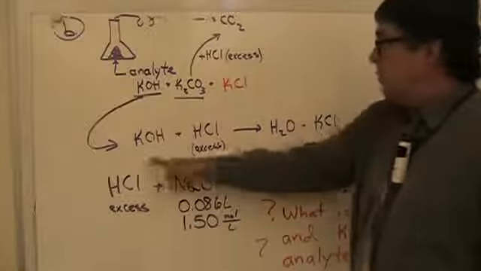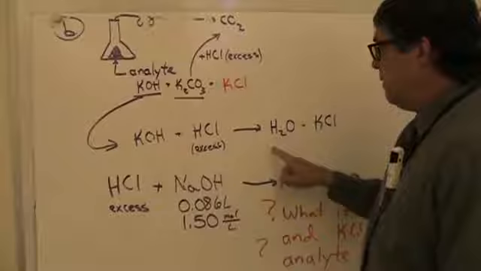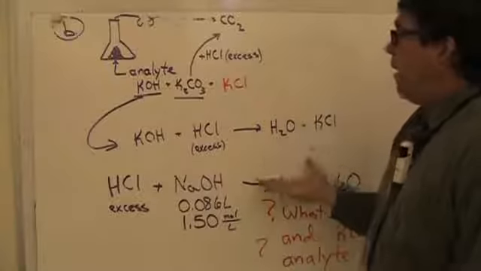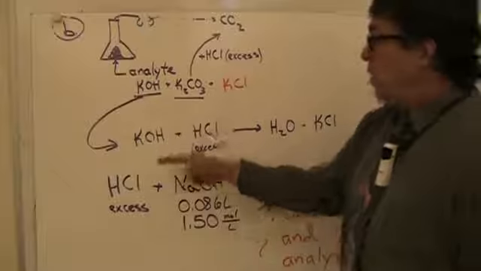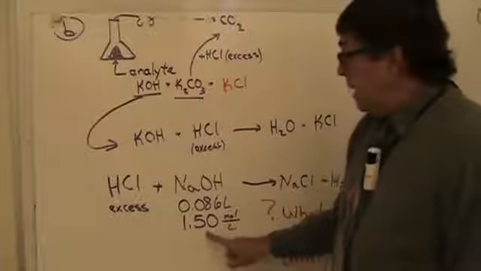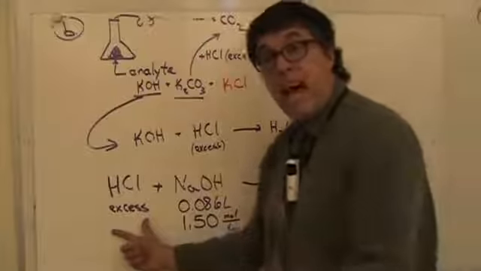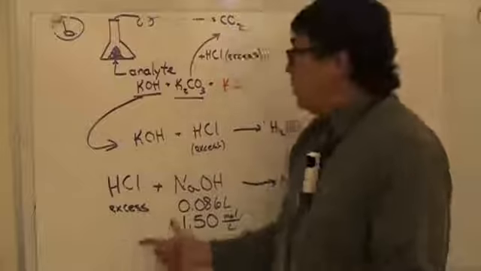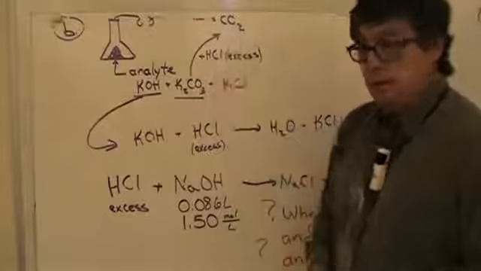And so we have this formula to just remind us of the process that occurred. Now, we had excess of the hydrochloric acid, so we titrated that with sodium hydroxide. So this is how much hydrochloric acid was left after this reaction and this reaction that produced CO2.